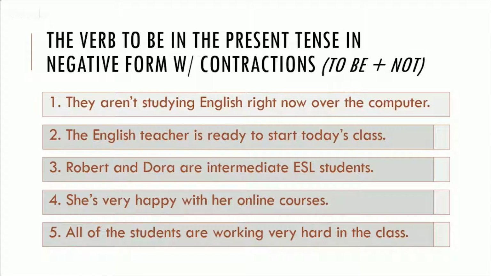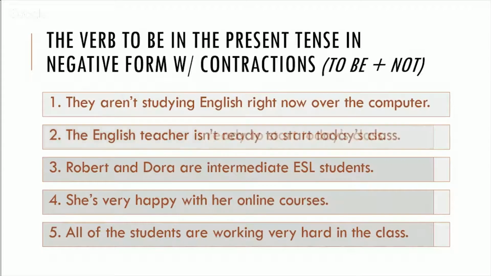So the English teacher is ready to start today's class. And what would that be? A negative, doing a contraction with the verb to be and not. I have two answers.